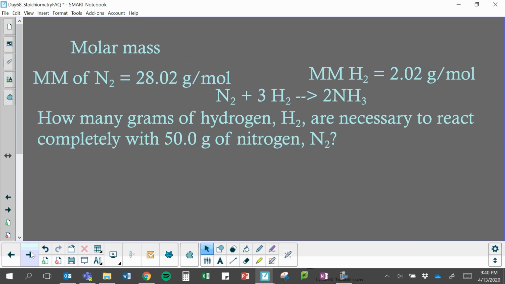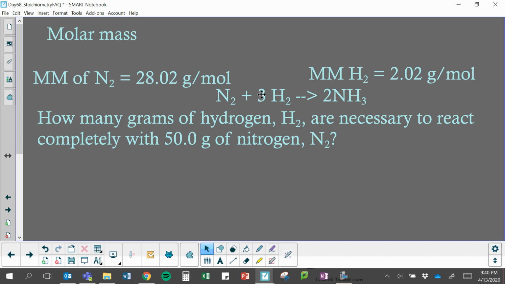One other thing before I end this video is one common mistake I've seen with calculating molar mass: sometimes people have been using the coefficients in front in your calculation. So your molar mass is specific to each molecule. So nitrogen has a specific molar mass, hydrogen, water, any sort of molecule has a molar mass.